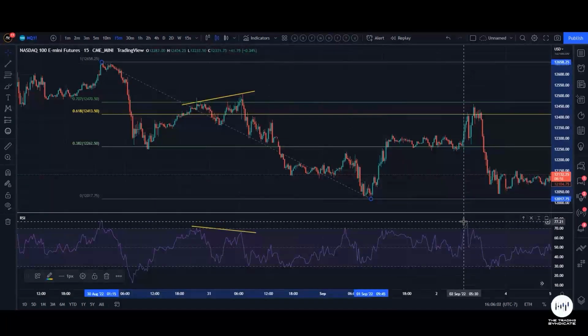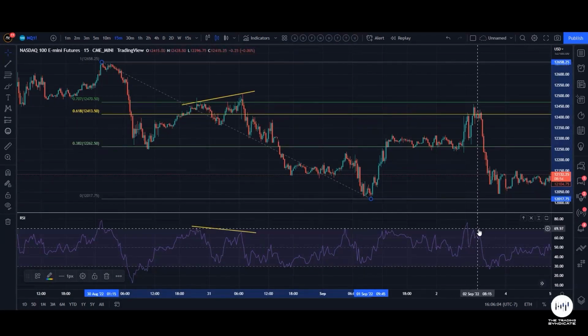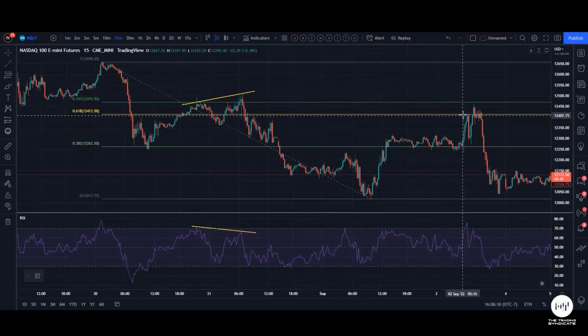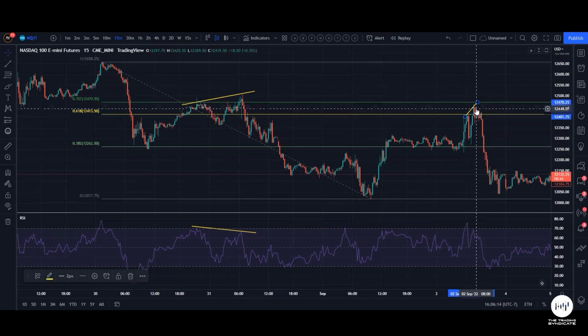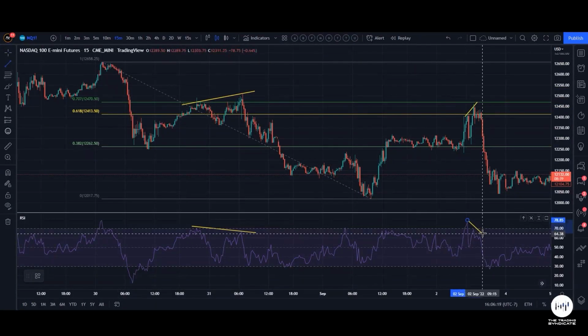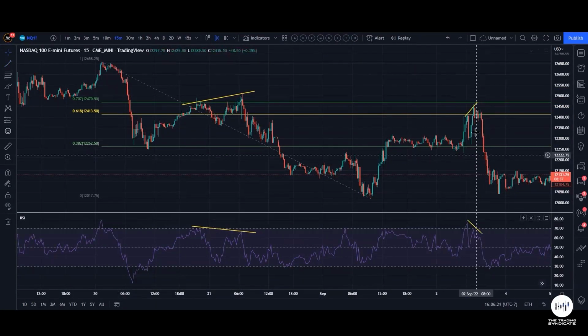And these overbought conditions actually did result in a bit of divergence as well. Notice we have two peaks here: a first peak right around here, and then a second peak just above the 0.618 level. And if you take a look at the RSI, you'll notice that we get some divergence there.